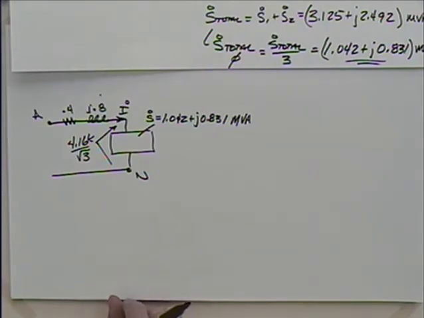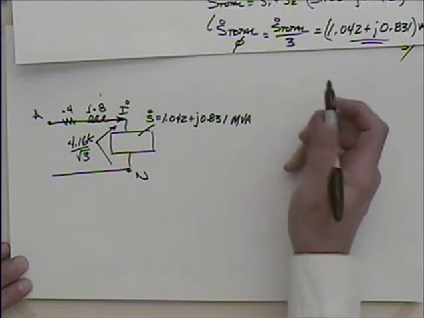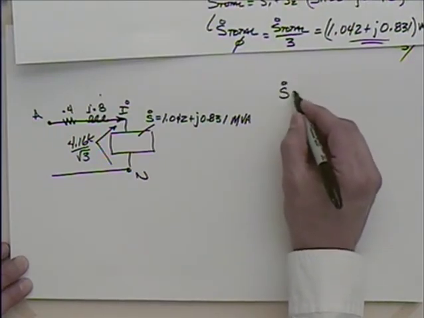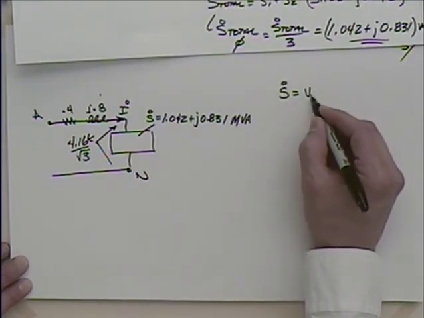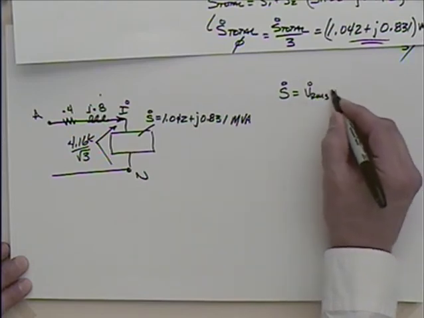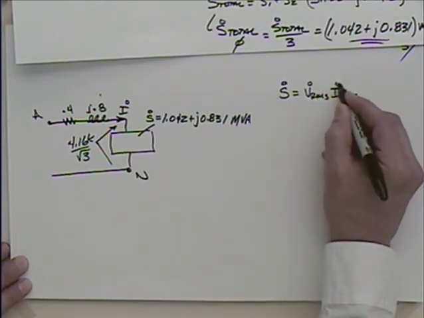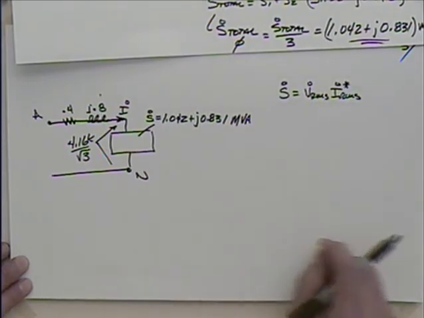Good? Okay. So didn't we have an equation where we said that S was equal to V RMS times I RMS conjugate? Okay.